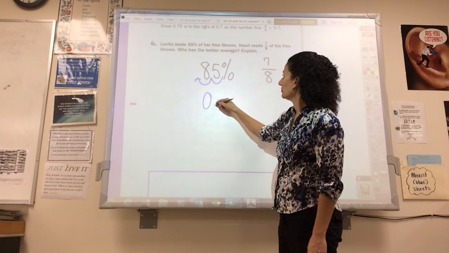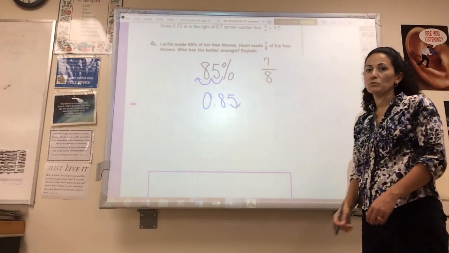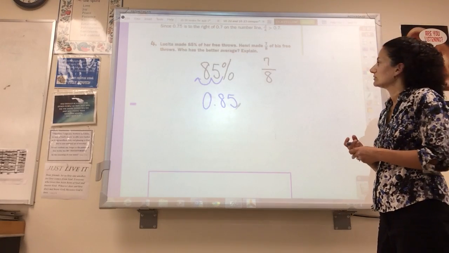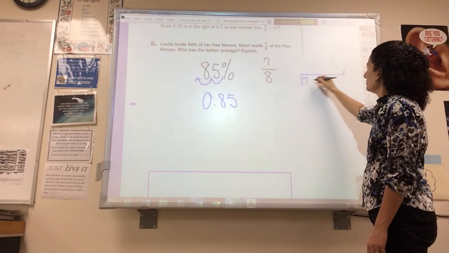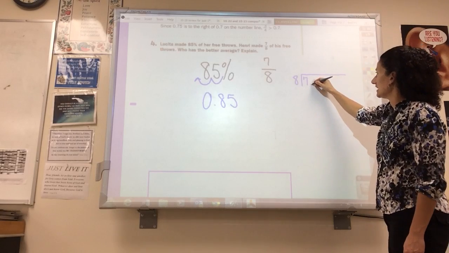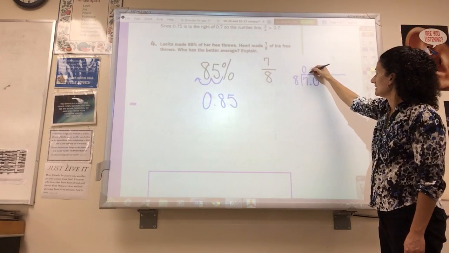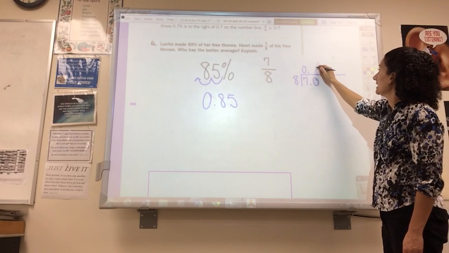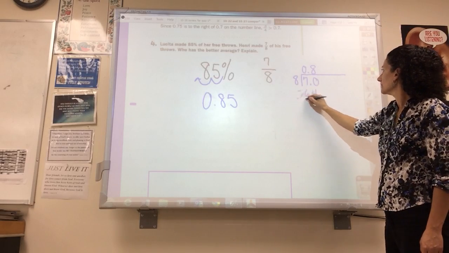So this is 0.85. Now 7/8 is what I would call a harder fraction. So in this case, if you don't know what it is, you're going to have to divide 7 by 8. Add a decimal point and a 0. 8 doesn't go into 7, but it goes into 70 8 times. 8 times 8 is 64.